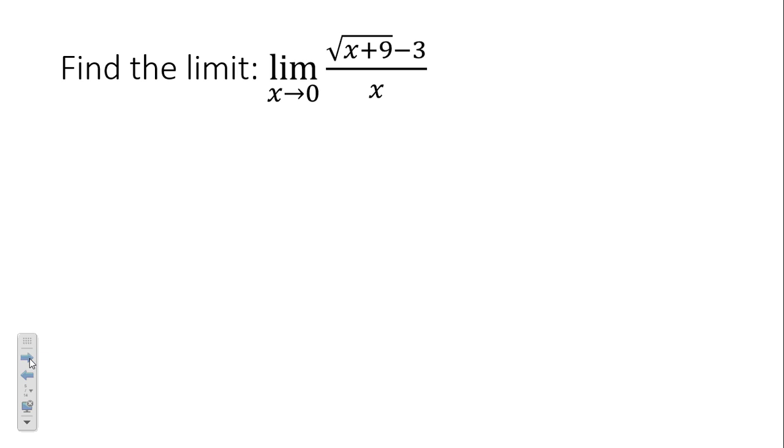The limit as x goes to 0 of the quantity x plus 9 into the square root of the quantity x plus 9 minus 3 all over x.